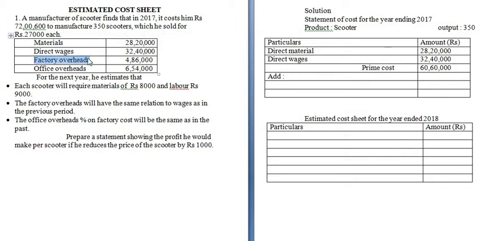Factory overheads, and the amount they have given directly is 4,86,000. So write it. Now no other information related to factory overheads is given, so this itself will be called works cost.